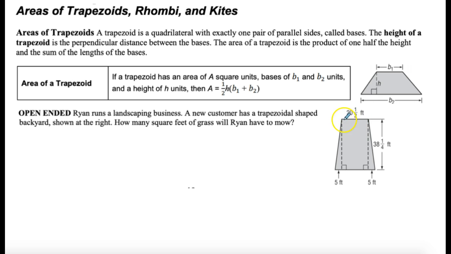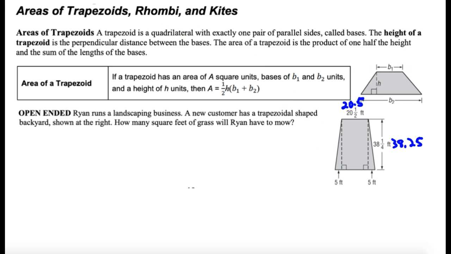I'm given that this one base of the trapezoid is 20 1/2, or we could rewrite that as 20.5 if we want to turn that into a decimal. Then the height, the distance between the bases, is 38 1/4, or 38.25 if we write that as a decimal.